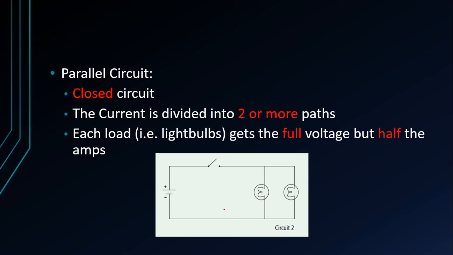So here's an example of a parallel circuit. So we have the battery taking one path here. Sorry, I apologize. We would be going this way because there's the negative.